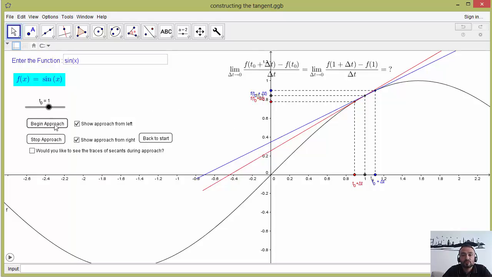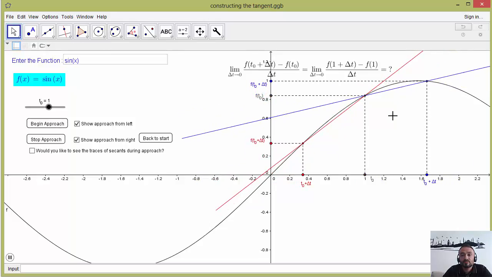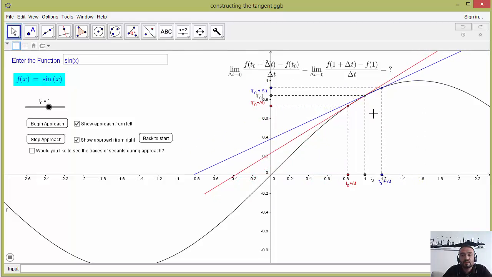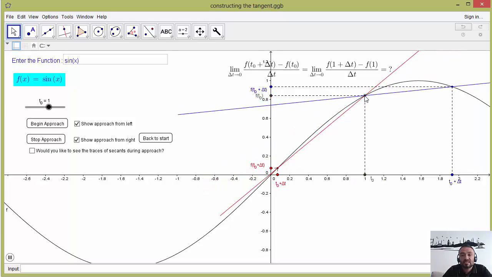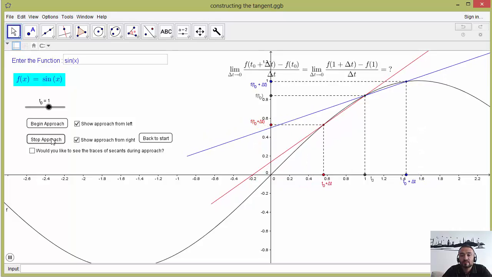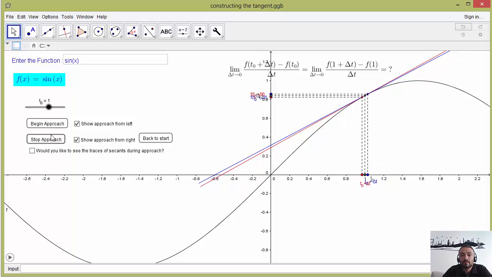Again, begin approach, and you can also observe that these two secants meet at this tangent position. So the slope of this tangent will define the instantaneous speed of change of the value of the function sine of x at the point 1.